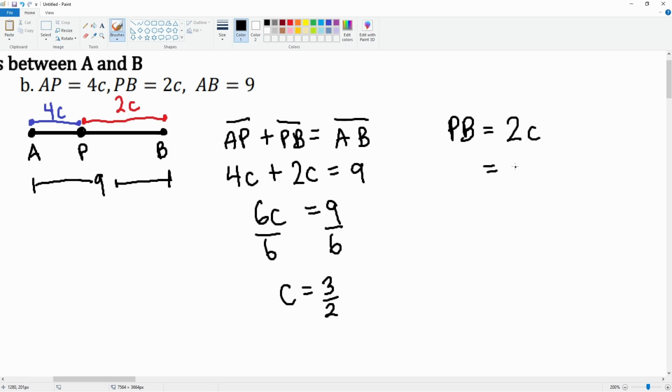So now we can make that substitution. 2 parentheses, 3 over 2. Okay, this is just multiplication when they're right next to each other. So this is 2 times 3, which is 6, divided by 1 times 2, which is 2. 6 over 2 can be simplified to just 3. So the line segment PB is equal to 3.